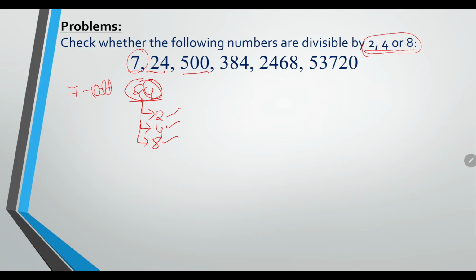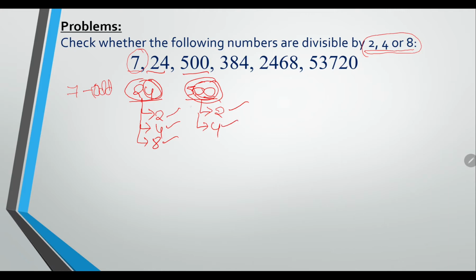And next 500. Its unit digit is 0, so it is divisible by 2. Next 4. Since it has two digits as zeros, as we have discussed, 500 is divisible by 4.